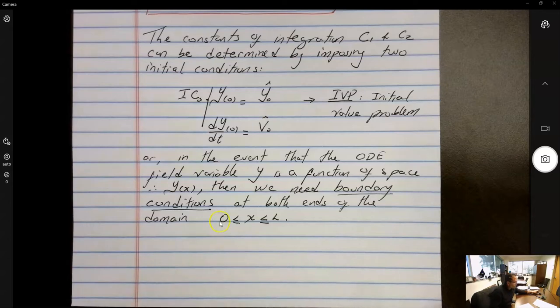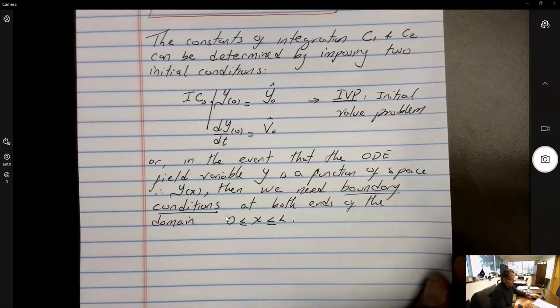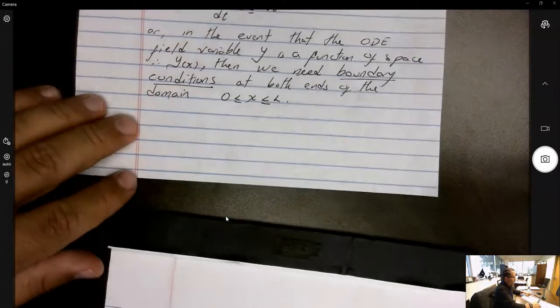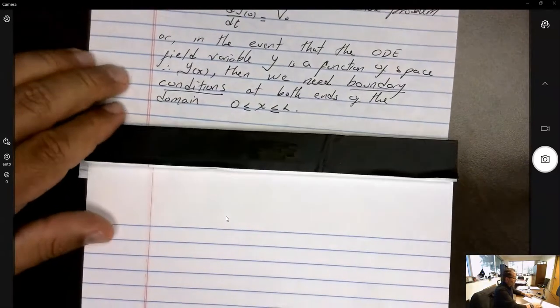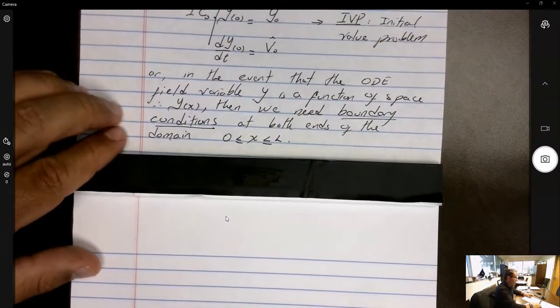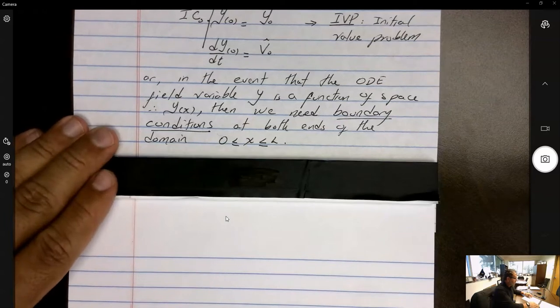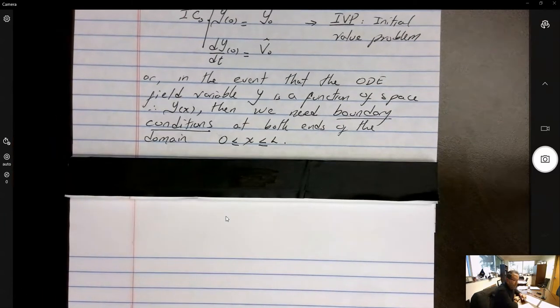So the way this works is, let's go to another page. If this equation happens to be an equation in terms of space, where instead of time derivatives we have space derivatives, let's say that we're solving for the temperature distribution on a linear bar or in a pipe along the axis, and we formulate this as a second order equation of the temperature as a function of space x, which we can solve in this particular way.